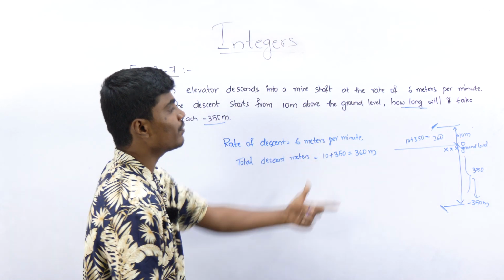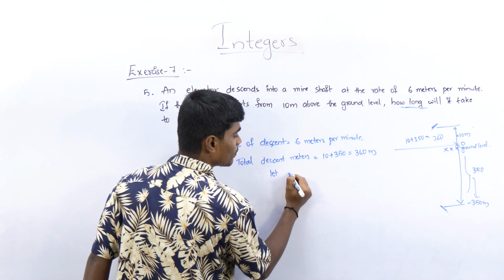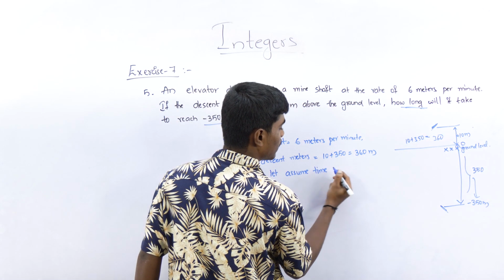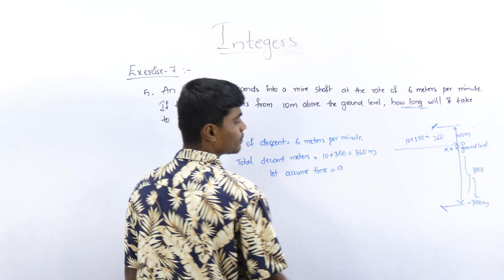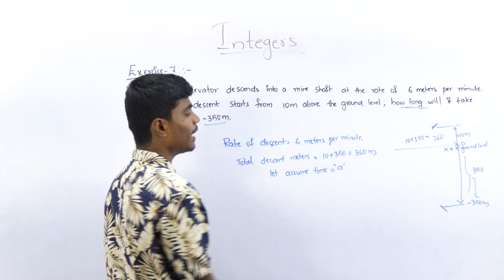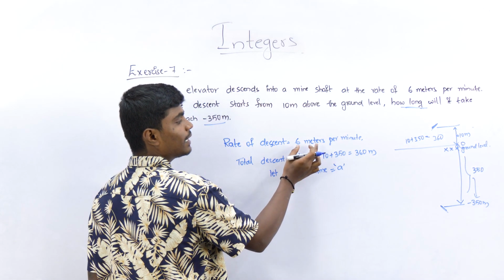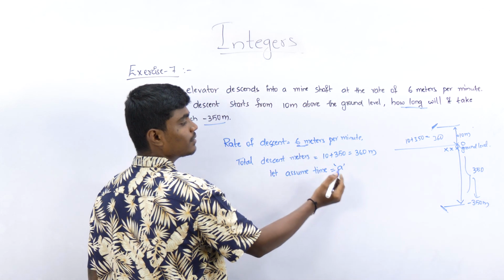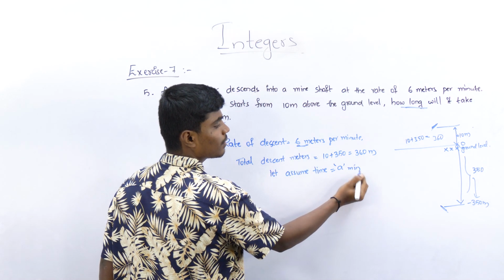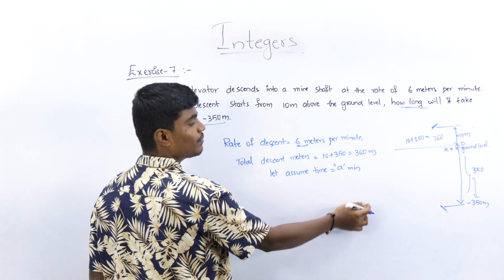See, he is asking for time. So let's assume time is equals to A. See, A as time. For 1 minute, it is decreasing by 6 meters. For A minutes, how much distance it will decrease?